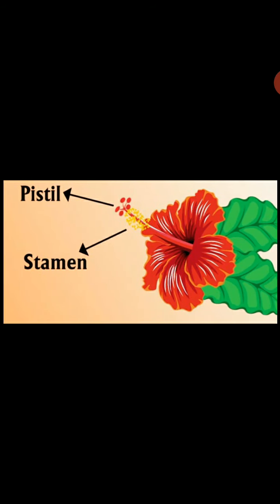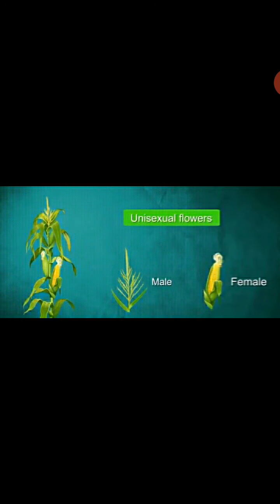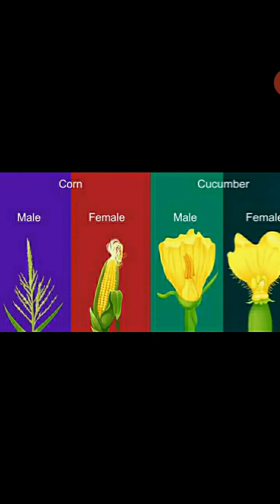So, stamens and pistils are the main reproductive organs of a flower. Okay? But some flowers contain only one sex organ, either stamens or pistils. These types of flowers are called unisexual flowers. The flowers of corn, cucumber, papaya, watermelon, etc. all come under unisexual flowers.